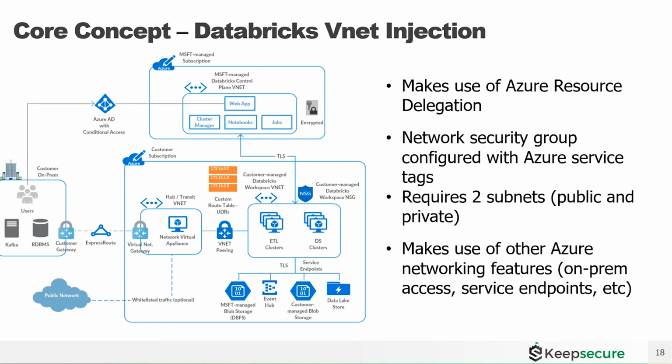What you can do is configure what's called VNet injection, where instead of Databricks building and controlling its own virtual network to deploy your cluster nodes, you can give it one of yours that you have pre-configured. This becomes really important when you want to create private access to more than just Azure resources. You want to be able to VNet peer, in this case, like the diagram is showing, to a network virtual appliance, which could then provide privileged access into an on-prem customer environment, for example.